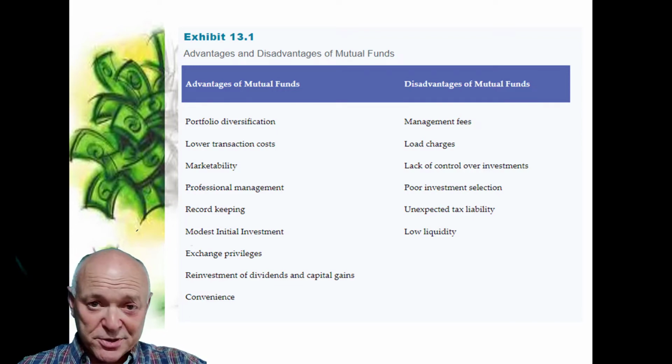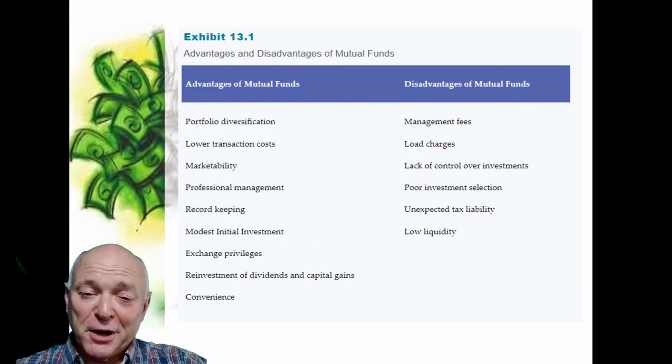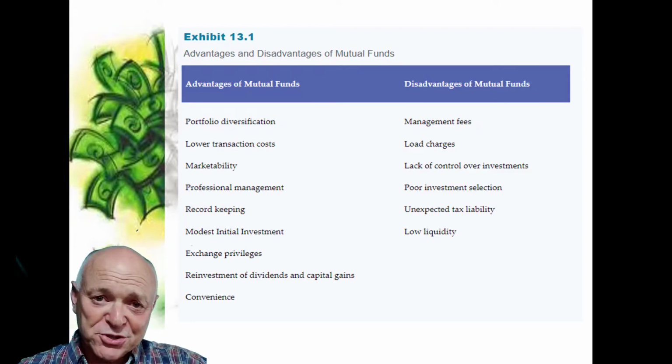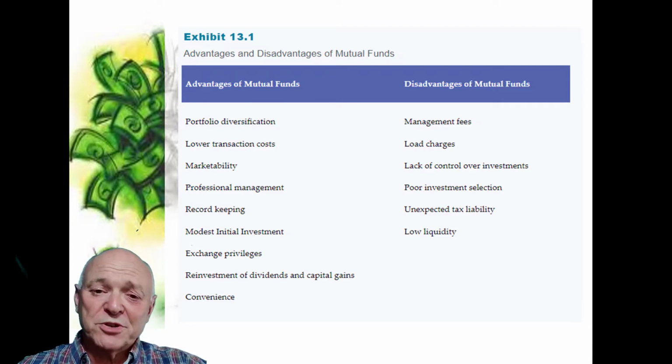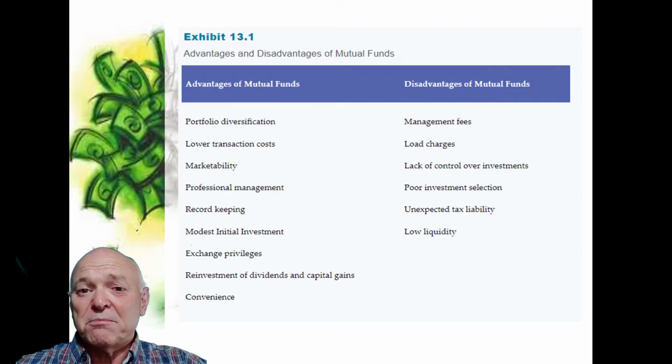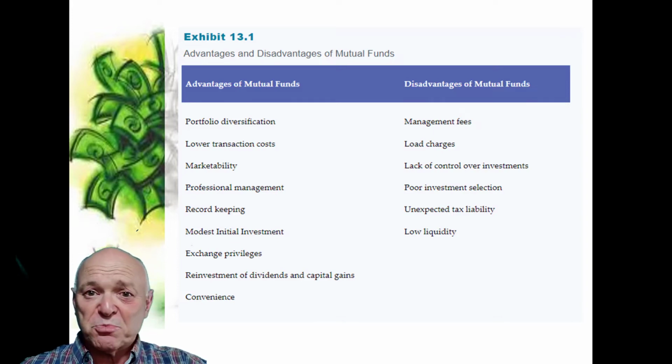Transaction costs are reduced because of bulk buying power. Essentially, all of the small investors got together, they hired a manager to work for them, and that's going to reduce the transaction cost. Because the mutual fund portfolio itself is a standardized portfolio, it's more marketable, management is professional, records are kept by the mutual fund organization.